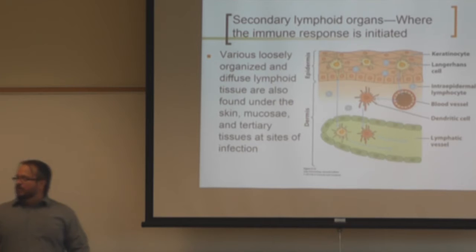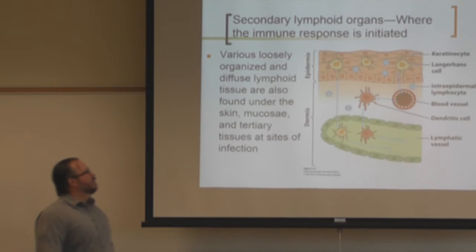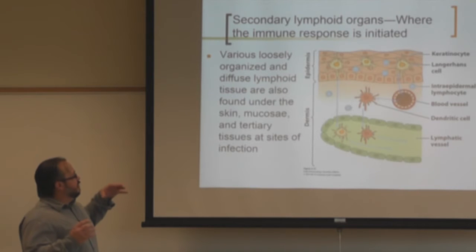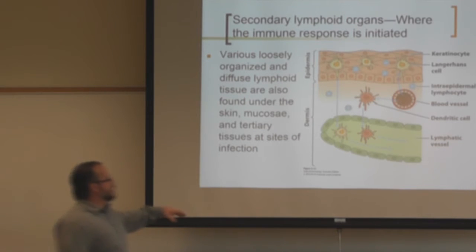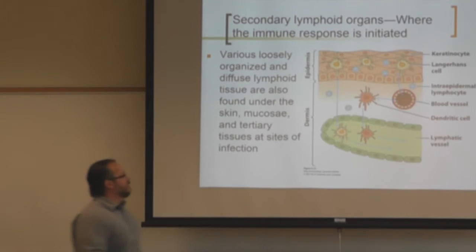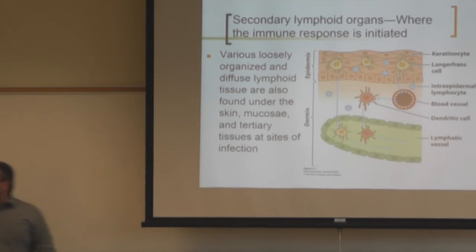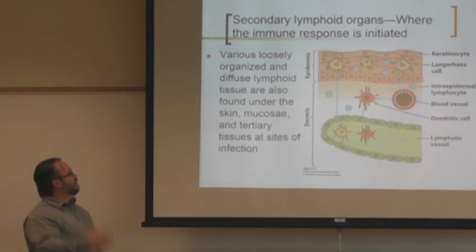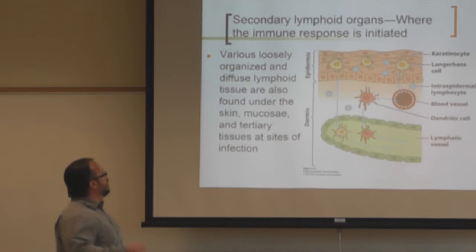Other secondary lymphoid organs: the skin, largest organ in the body. The skin is going to have lymphatics associated with it very closely. It's going to have blood vessels associated with it. And those who have studied know that there are these specialized Langerhans cells within the epidermal layer, and they are just hanging out there waiting for antigens and kind of perusing.